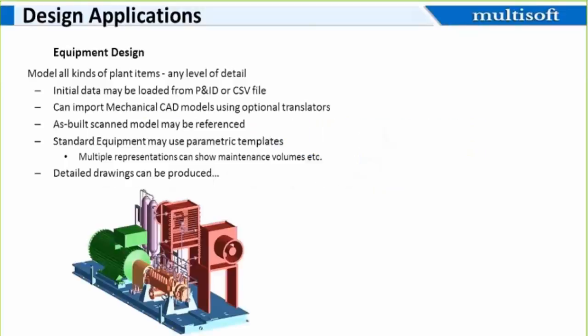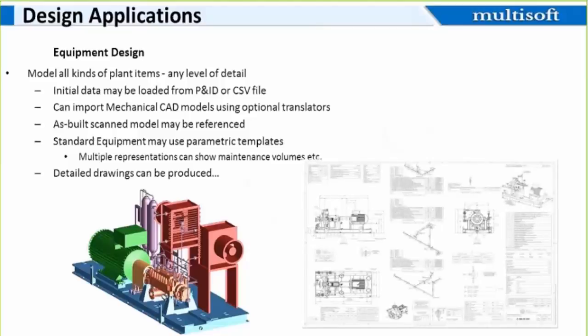The first application is equipment design. This application is used for modeling all kinds of plant equipment items at any level of detail. Now there are different ways in which an equipment can be modeled. First, the equipment can be imported from third-party equipment software like CATIA, Pro-E.